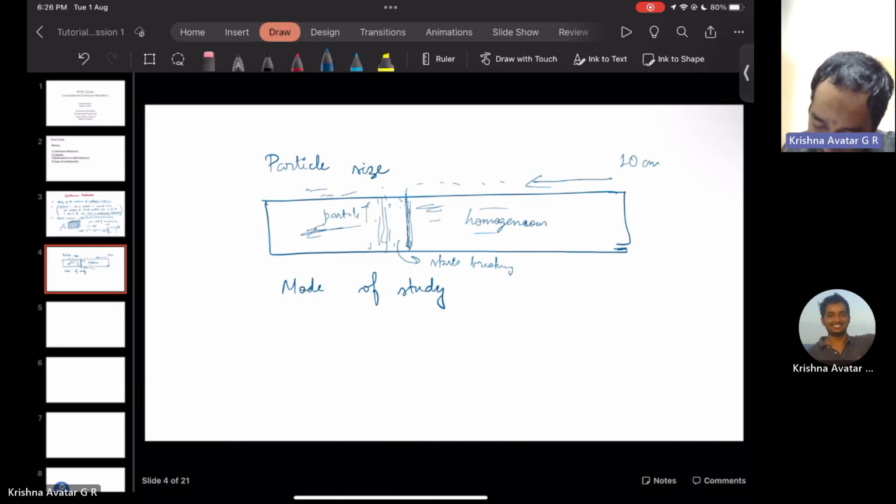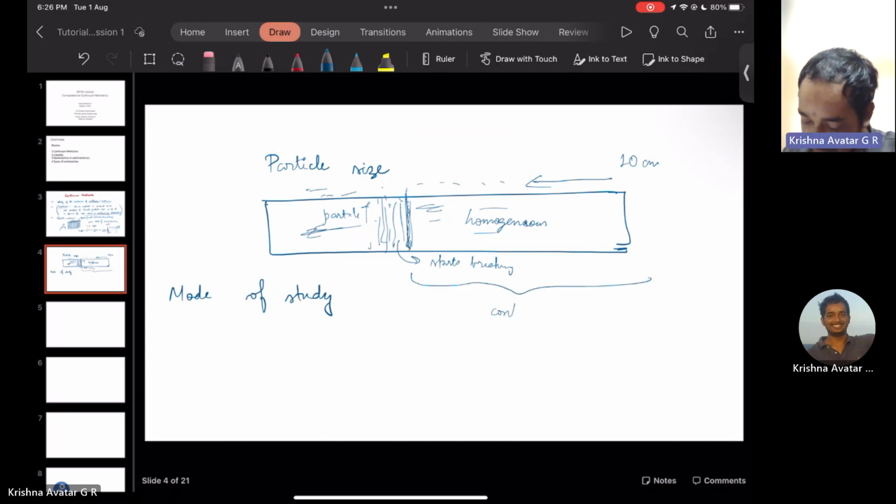So the mode of study, as I have mentioned here, is till here. The mode of study of that particular material is continuum mechanics.